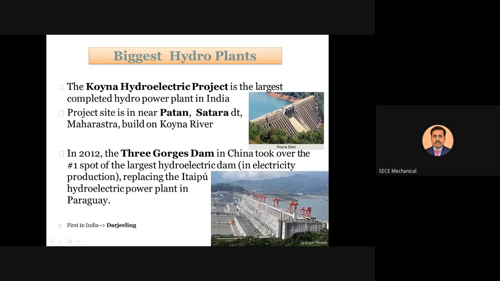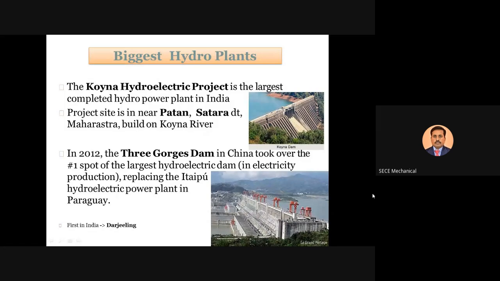Paraguay initially constructed the first world-largest hydroelectric power plant, but now China has taken over with the Three Gorges Dam. So these are the things you should know.